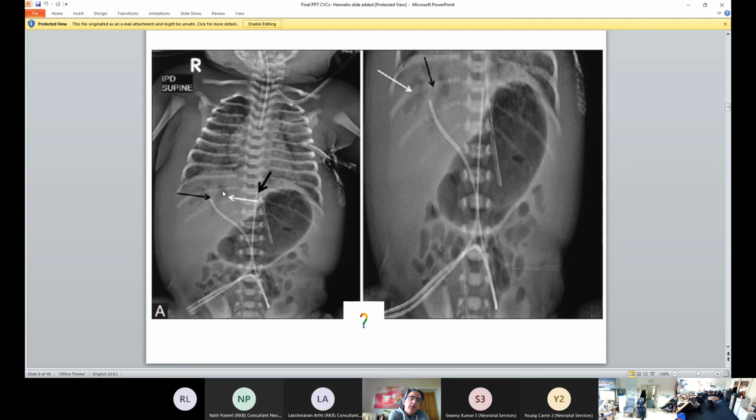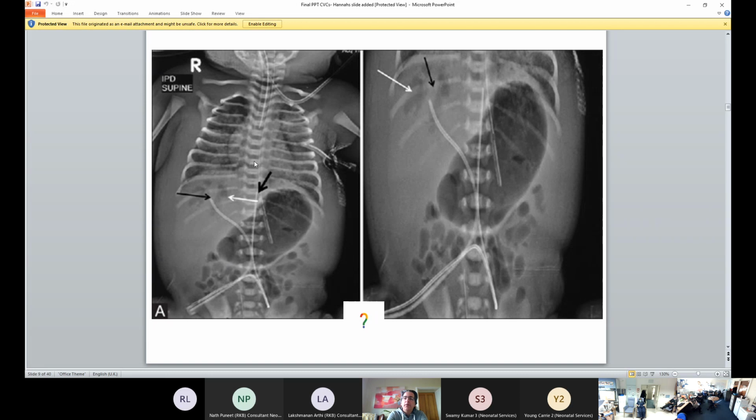You see some gas here in the portal venous circulation. It is not unusual to see some air in the portal venous circulation with insertion of umbilical vessels. That's quite normal. It doesn't mean there is NEC. In NEC, the situation will be different. There will be gas on the bowel wall as well.